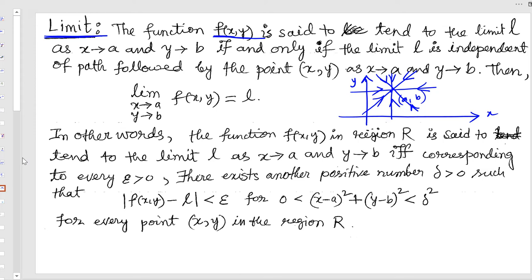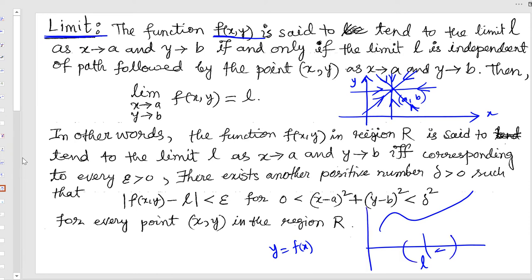But if you remember the definition, when we have y equals f of x, the limit we have defined, this will be a function like this, and we have taken the right hand limit and the left hand limit, L plus and L minus. When they are equal, we have said that the limit exists.